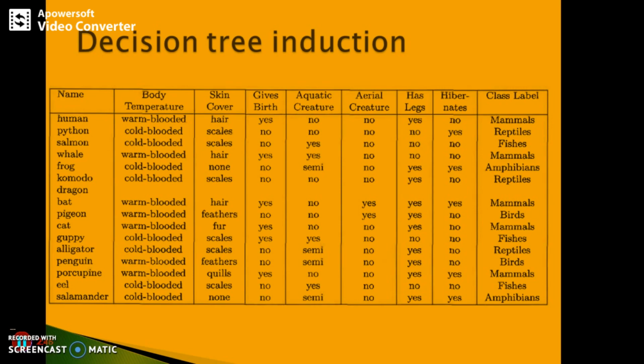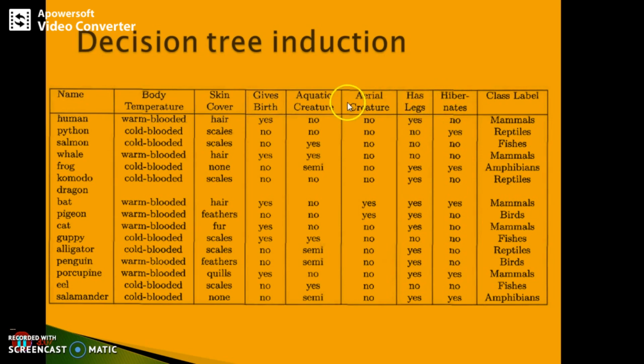Okay, let's look at this data set now. What is this data set basically saying? You can see here various features of animals: name, body temperature, skin cover, gives birth, aquatic creature, aerial creature, has legs, hibernates.